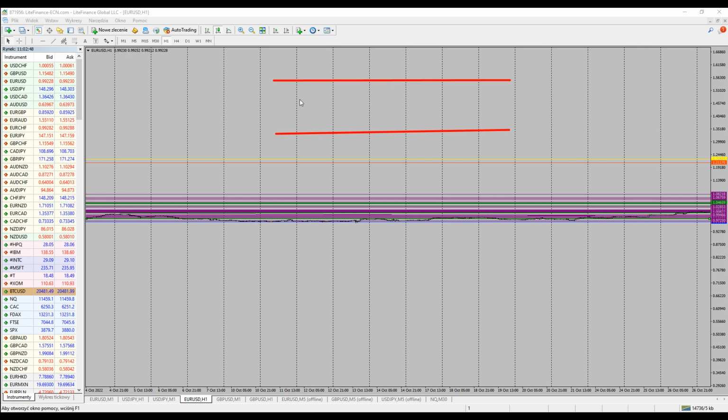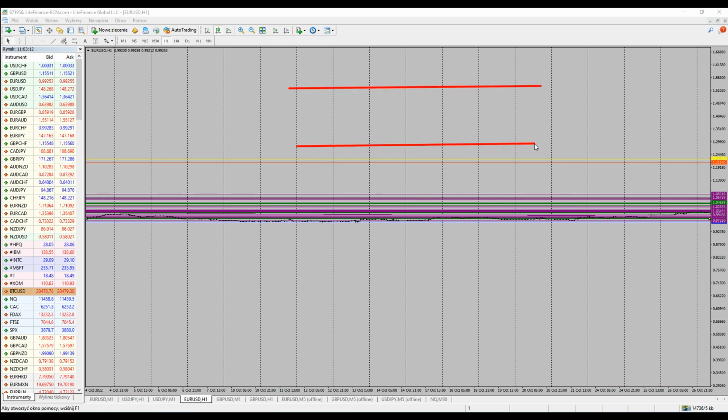Either the market is looking for liquidity, taking out the stops and going back into the right direction, all right? That's the first thing. Or we have the real upside break or downside break when it comes to supply and demand, okay?